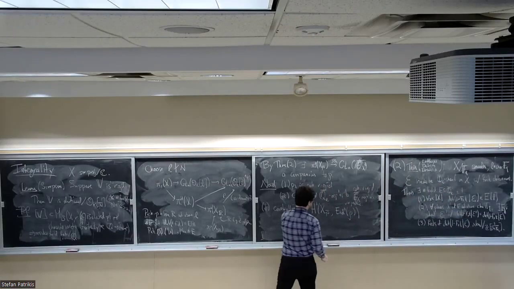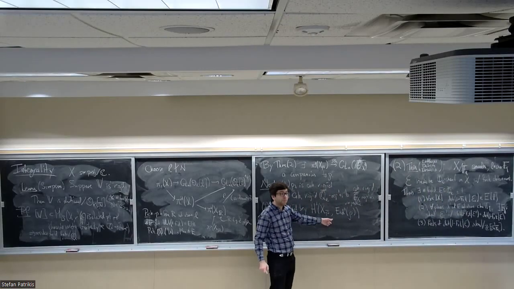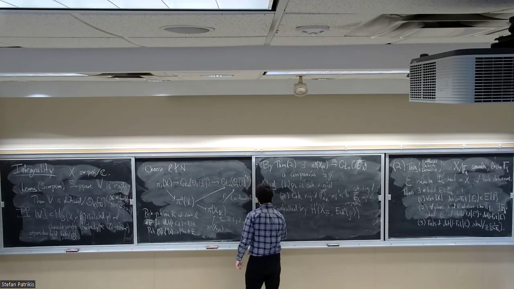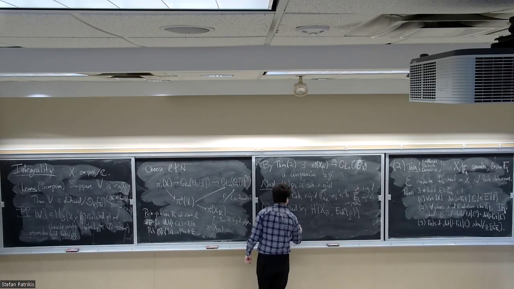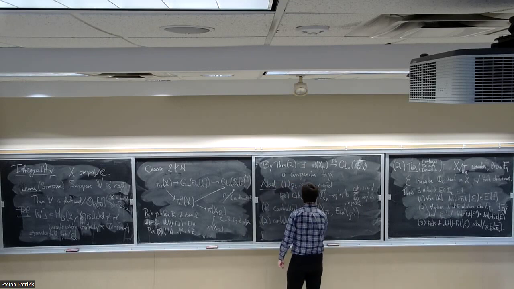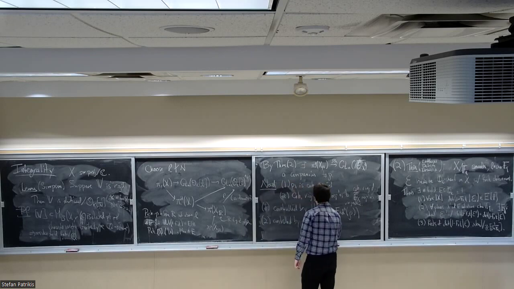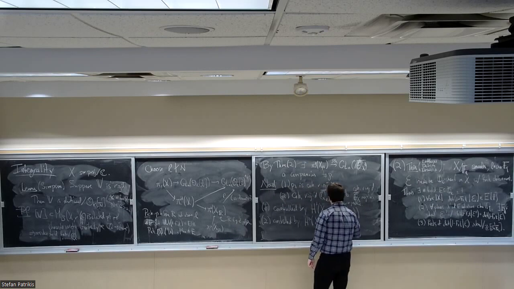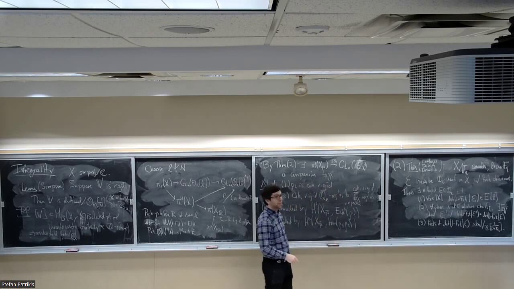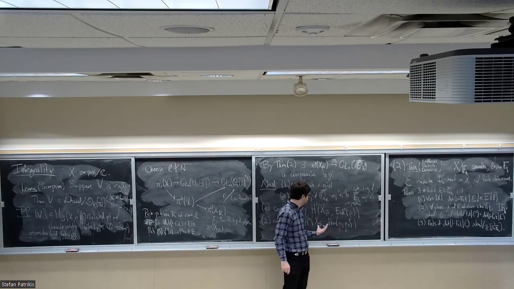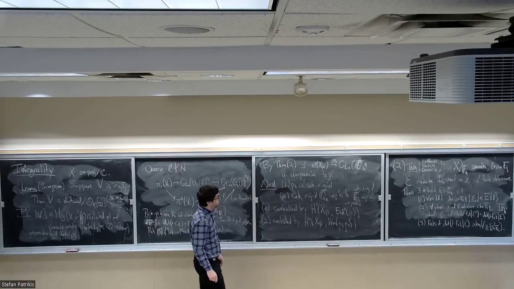Being cohomologically rigid means that this thing is 0. Two is controlled by H0 of X bar with coefficients in Hom(rho 1, rho 2). These are two different representations, so the representations are the same if this H0 is non-zero, and different if it's 0.